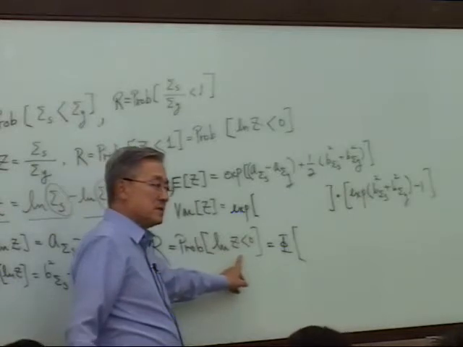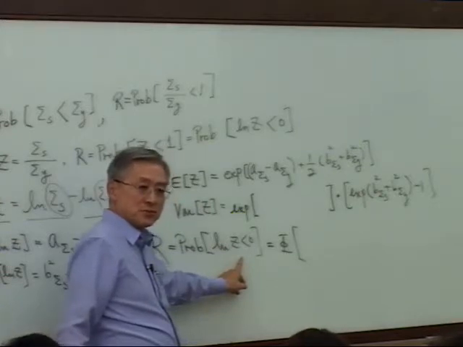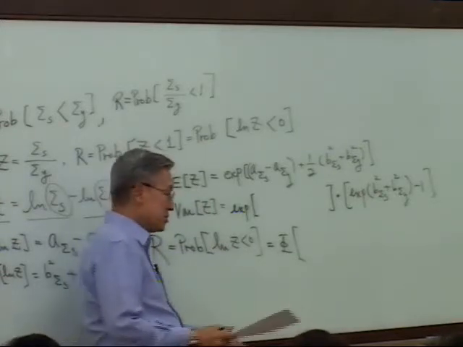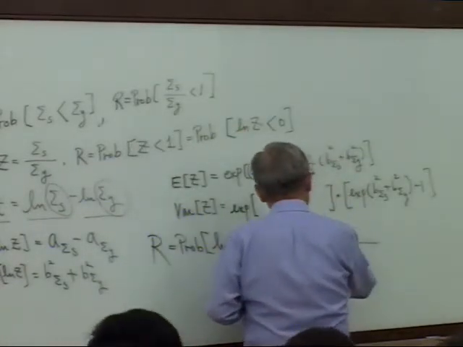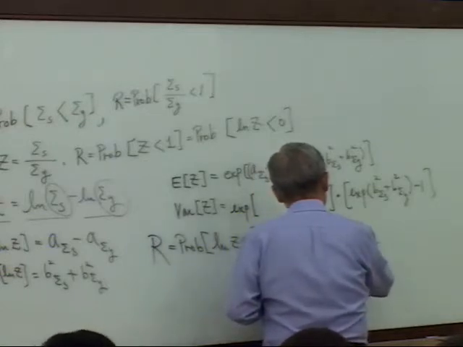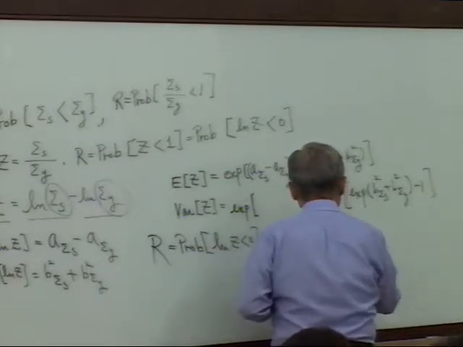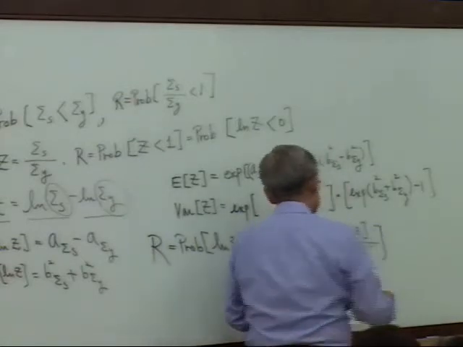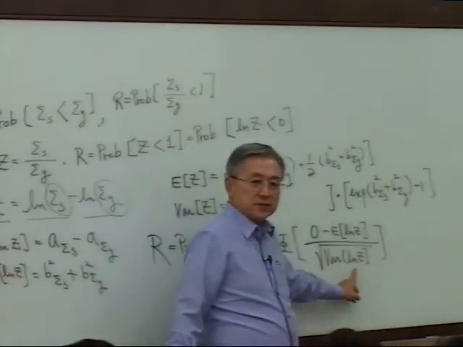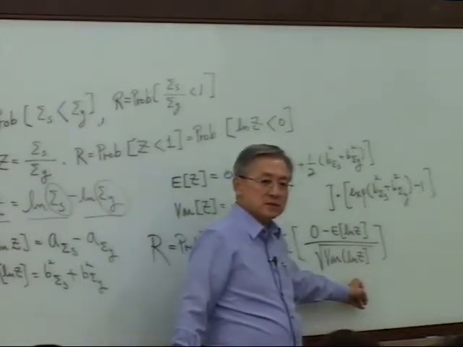Because natural log Z follows a standard normal distribution, so you can get into the expression using phi right away, which is 0 minus the mean of natural log Z, over the standard deviation of natural log Z. To use standard normal, everything has to be in natural log of the random variable. Otherwise, it doesn't follow.